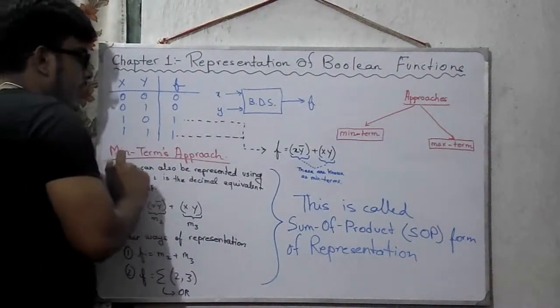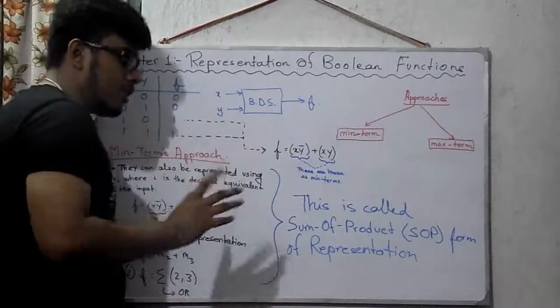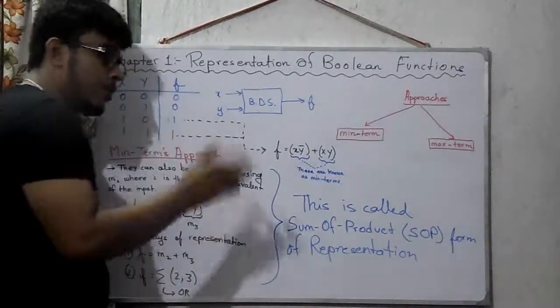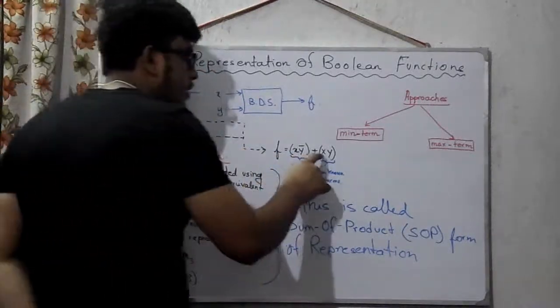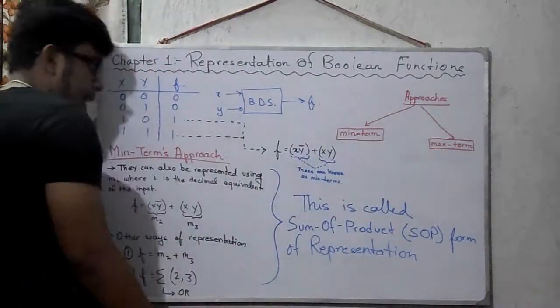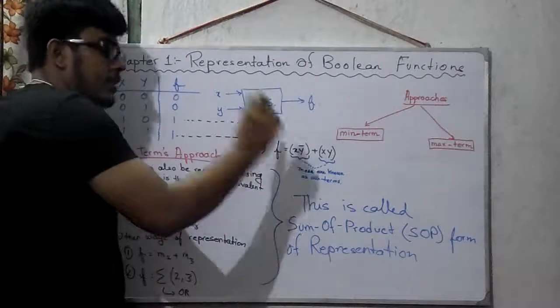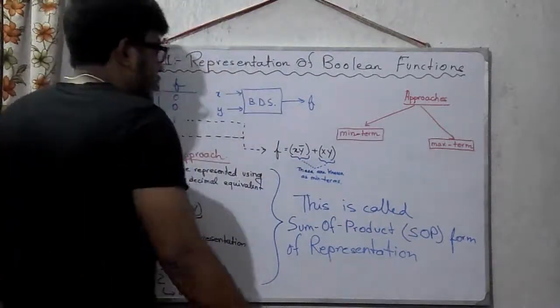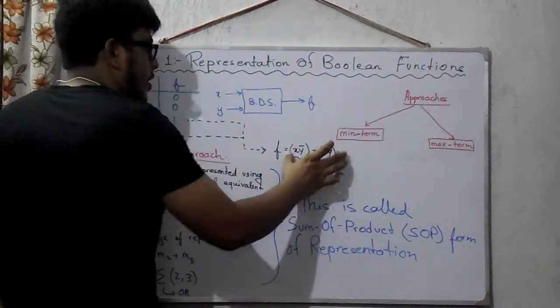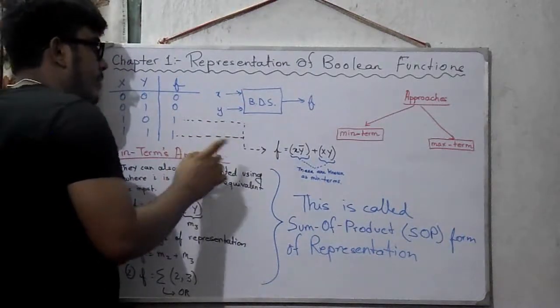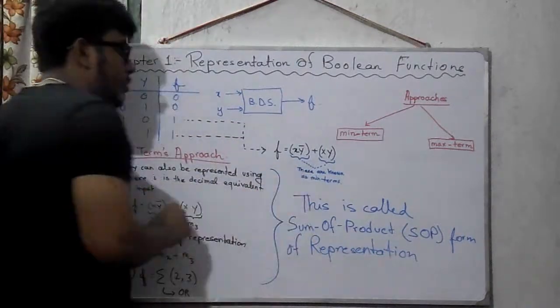In the second case, both are 1, so the AND operation is performed without any complemented form, that is simply xy. And an OR operation is performed amongst them.